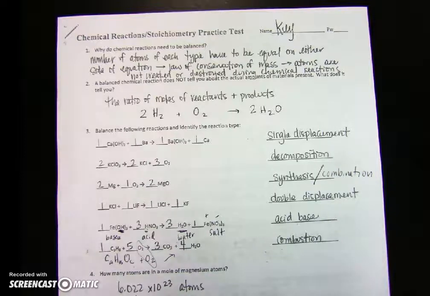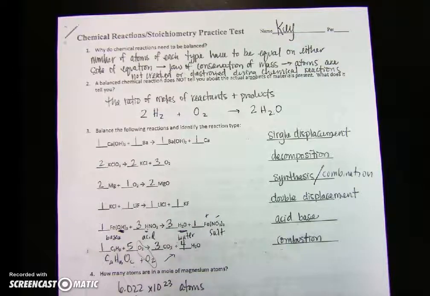Because there are 2 hydrogens, we use twice the atomic mass of hydrogen, and then we add that to once the atomic mass of oxygen. 16 plus 2.02 leads to 18.02 grams per mole for the substance water.